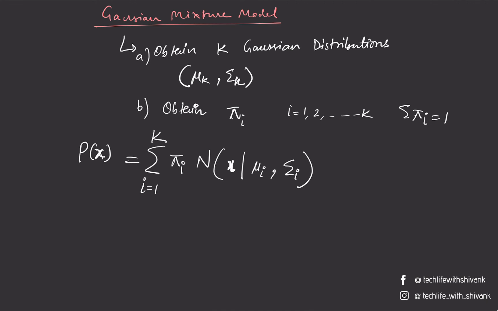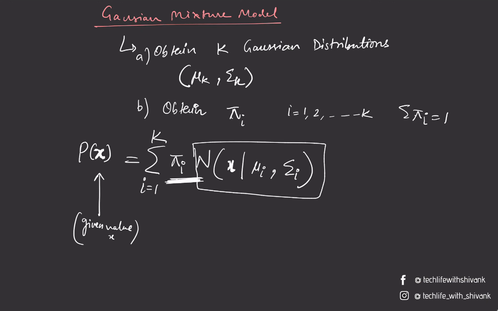So the probability function for any given value x is a convex combination of probability distributions of individual Gaussians, where every Gaussian follows a different mean and a different variance.